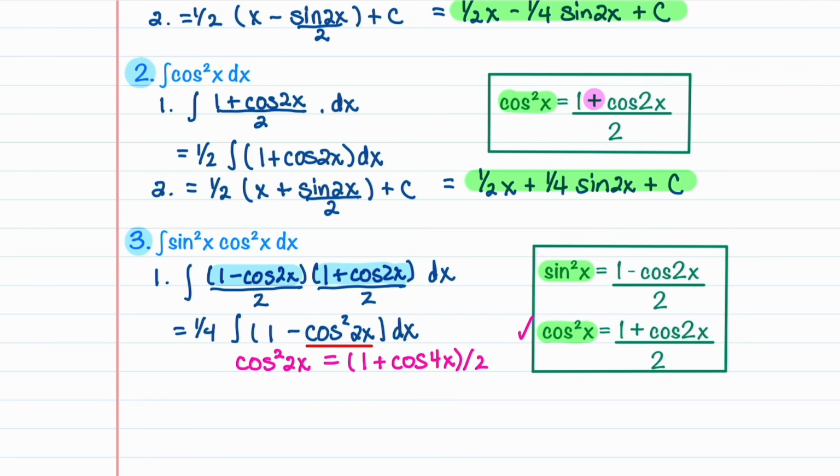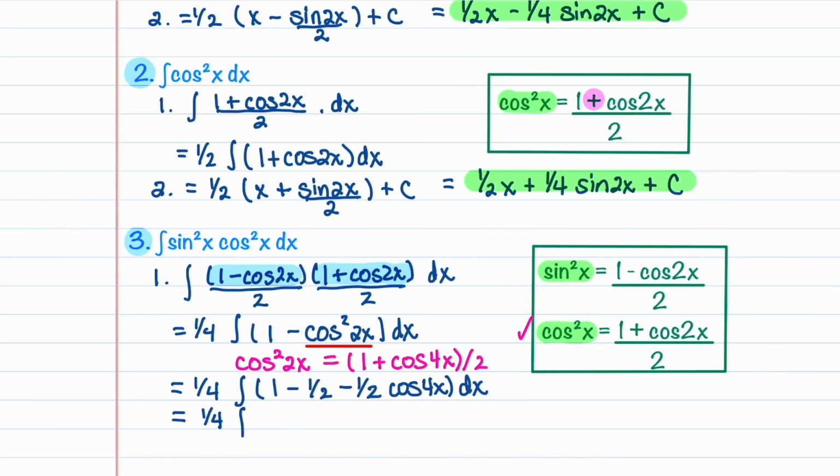Let's put this in and see what we get. We have 1/4, the integral, and now we have 1 minus 1/2, distributing that through, minus 1/2 cosine 4x dx. It's really helpful to simplify as much as you can before you integrate. This gives us 1/4, and then 1/2 minus 1/2 cosine 4x dx.